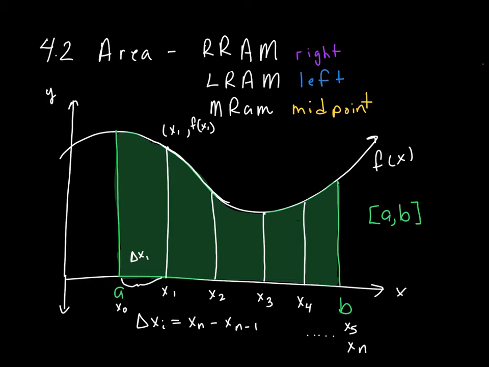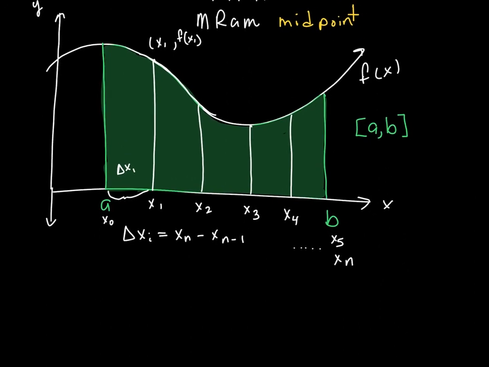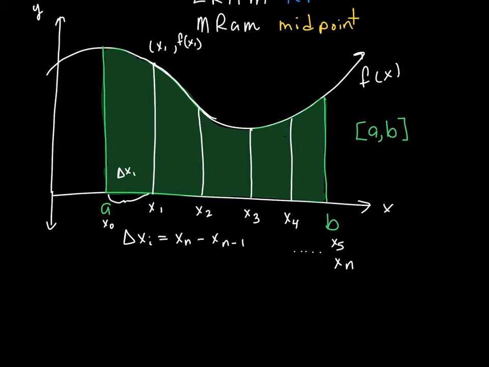Now, what does that tell us? That tells us that the base of each of those rectangles, we are going to call delta xi. The way we get that from each of these is by subtracting those values.